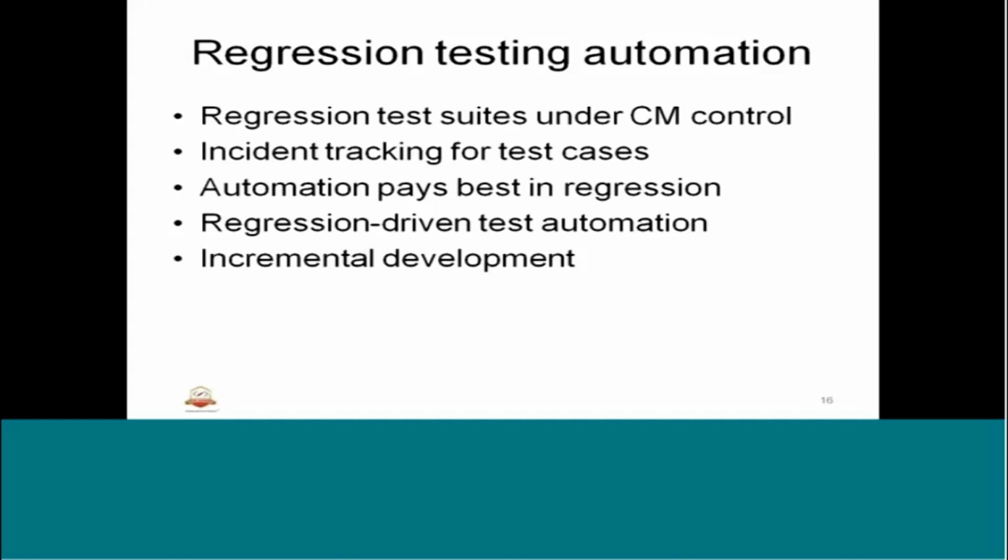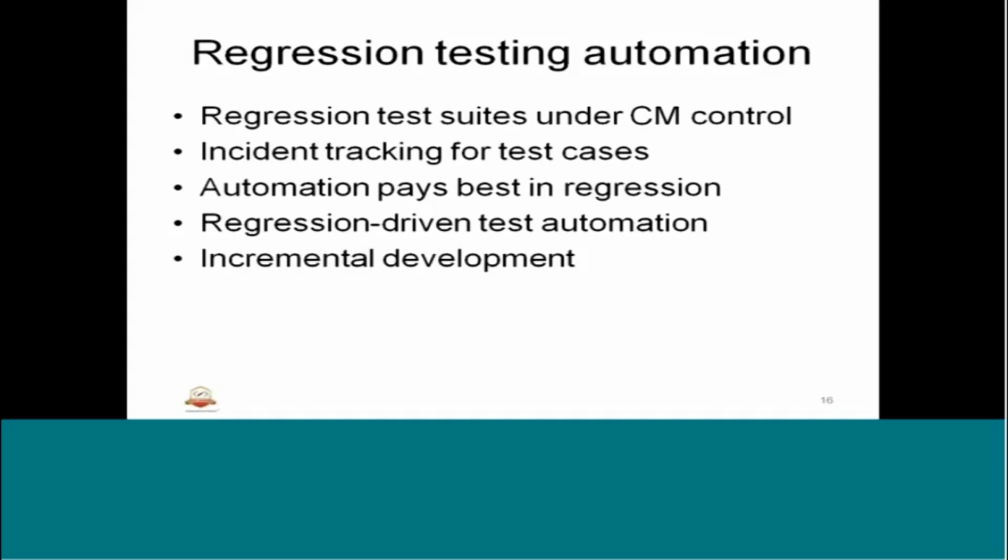Basically, as I said, automation is very much needed for regression, because people cannot afford to develop the test cases and scripts, modify them and all that, again and again, especially the execution. So you can just use the script that was used earlier, modify it according to the need, do the execution, batch execution, whatever is possible.